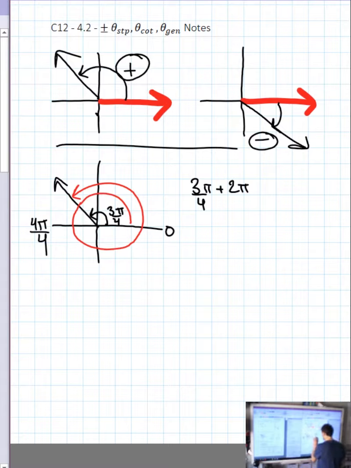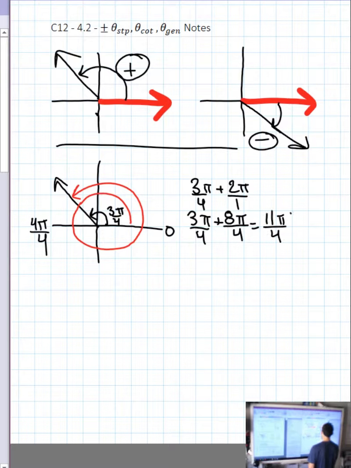Now I can add fractions with a denominator that I'm working with, over 4. So 2 pi is 8 pi over 4, and then I can add those and get 11 pi over 4 as my coterminal angle.